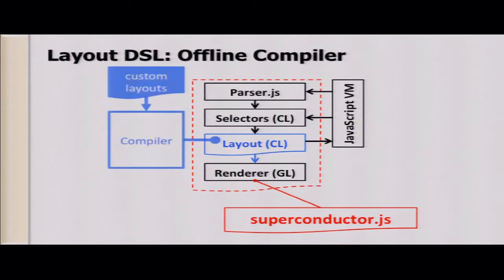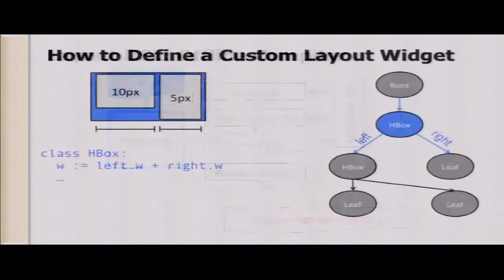So for layout, we had to create this custom DSL, like I mentioned before. In our system, you write a custom layout and run it through our Superconductor compiler, which in turn generates OpenCL kernels for you. Let me give you an example of that. This is a simple HBox. You have a horizontal box with 2 other horizontal boxes, and you want to figure out its width.